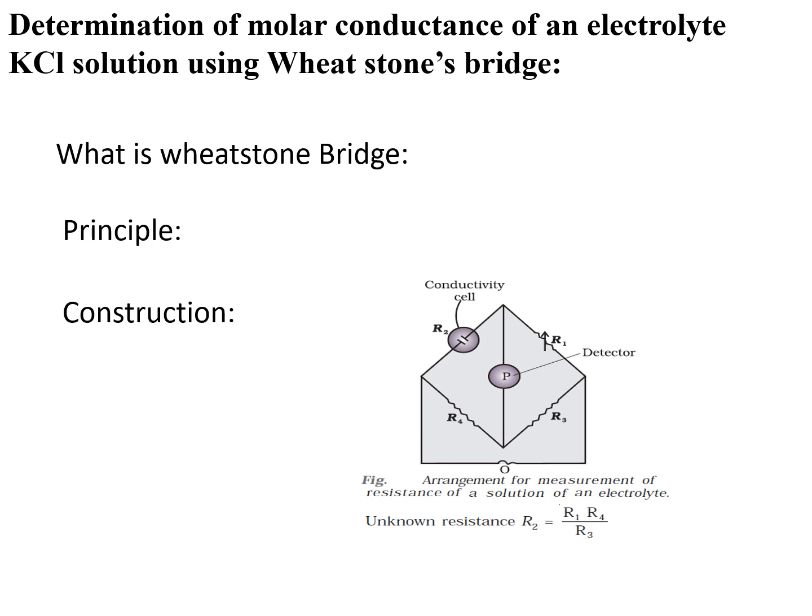Coming to construction, it consists of 4 arms as you can see in the diagram, out of which 2 arms consist of known resistances R3 and R4. The other 2 consist of an unknown resistance R2 where we have taken potassium chloride solution in a conductivity cell and a variable resistance R1.